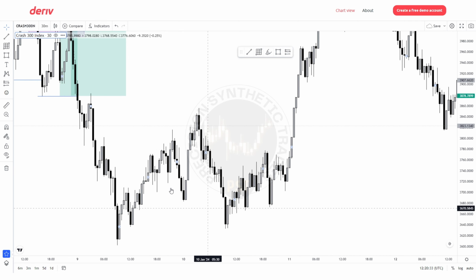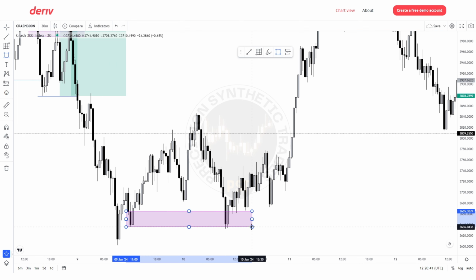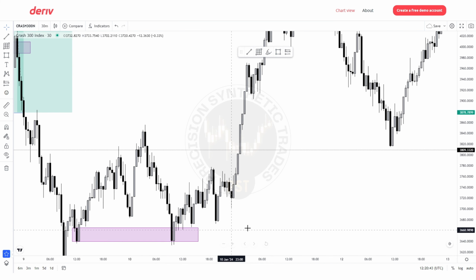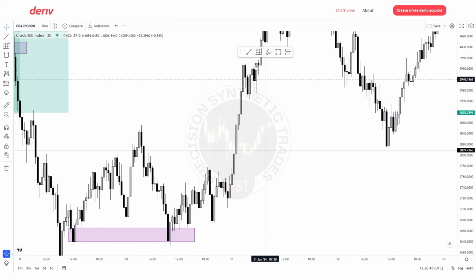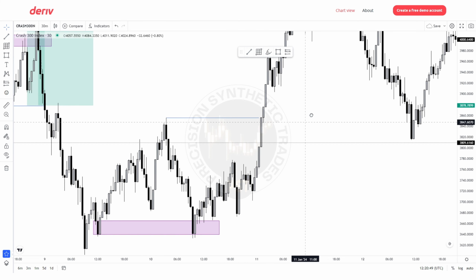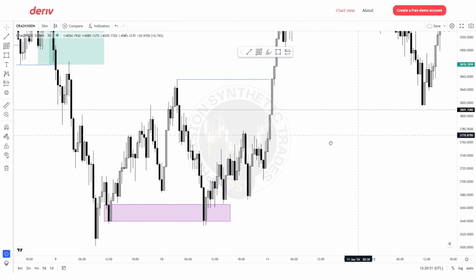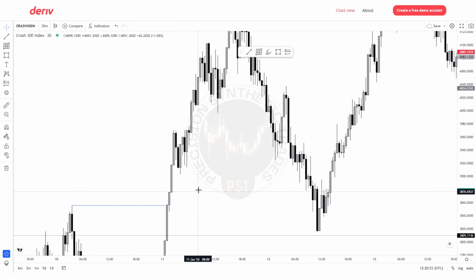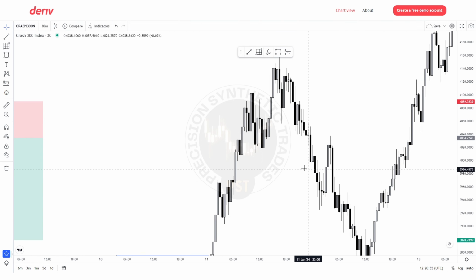High, low, high. We entered here from a point of interest, not entered, price reacted from a point of interest. Remember, I don't take buys in crash. Alright, now we need to break this high to confirm we're going in an uptrend. Alright, we broke it, the huge one.